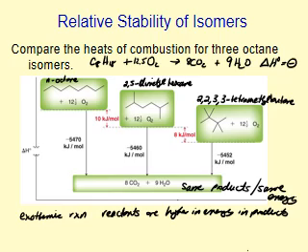We can see then that the octane is even higher in energy than the other 2 isomers because it released more energy. And if this is higher in energy, recall that that means it is less stable. So what we could conclude is that the more branched an alkane is, the more stable it will be.